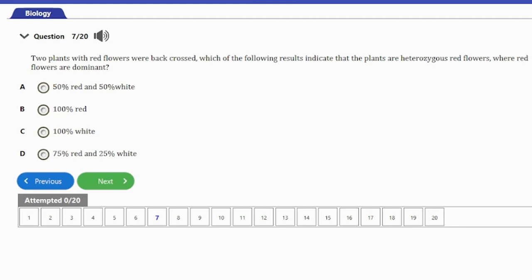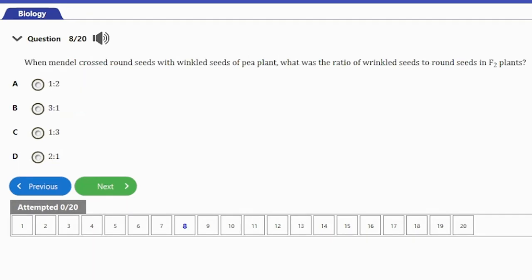So you will have 3 expressing the dominant character, where 1 is expressing the recessive character. So that's it for the heterozygous crossing. And take note that this statement is based on phenotypical ratio and not genotypically considering them. So that's it for this question, and let's actually check out the next question here.